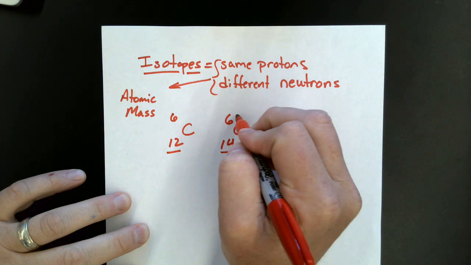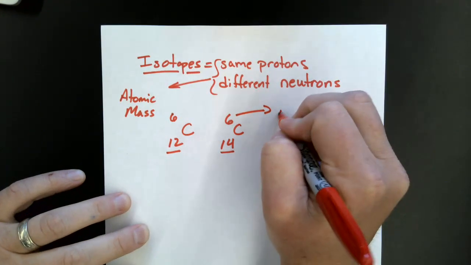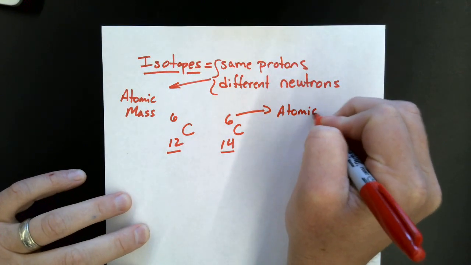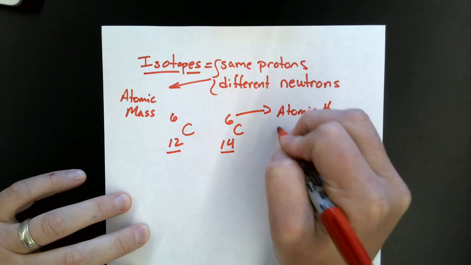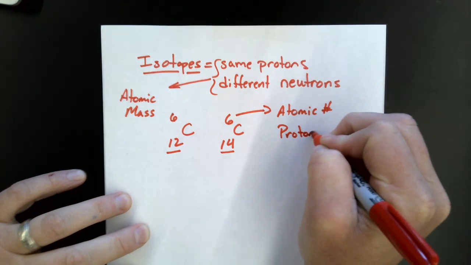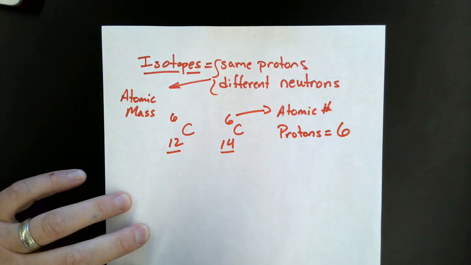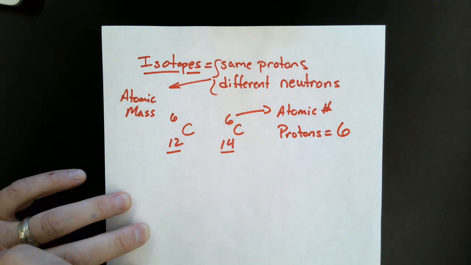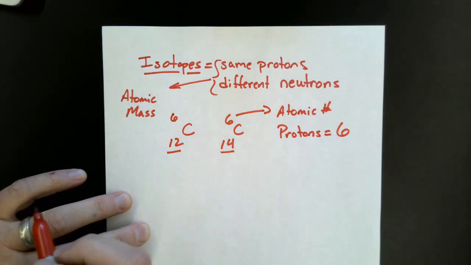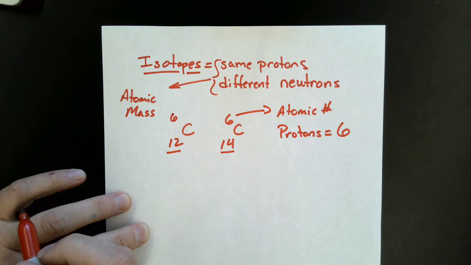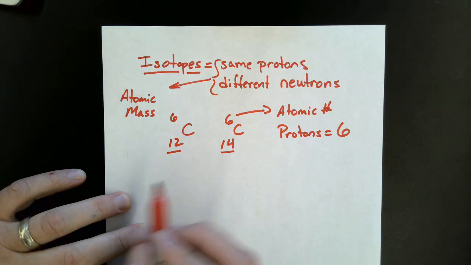So if we take a look here, both of them have an atomic number of 6, which tells us that both of them have 6 protons, which also tells us that that is the carbon atom that we're using. If the atomic number changes, we change the element that we're actually talking about.